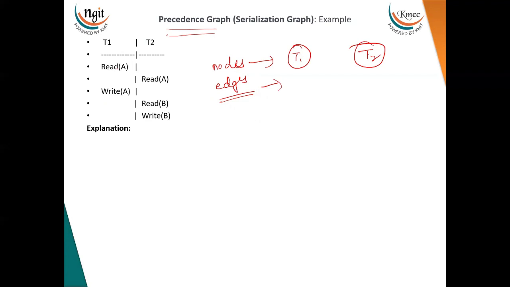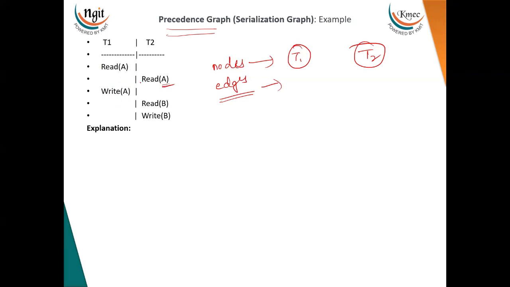Here, first read operation is made by T1 transaction on A, and then read operation is made by T2 transaction on A. And coming to write operation on A, read operation is made by transaction T1 and write operation is made by transaction T1 on the same data item. So thereby this is also not a problem. You cannot define any edge for the same transaction. So you can ignore it in this case.